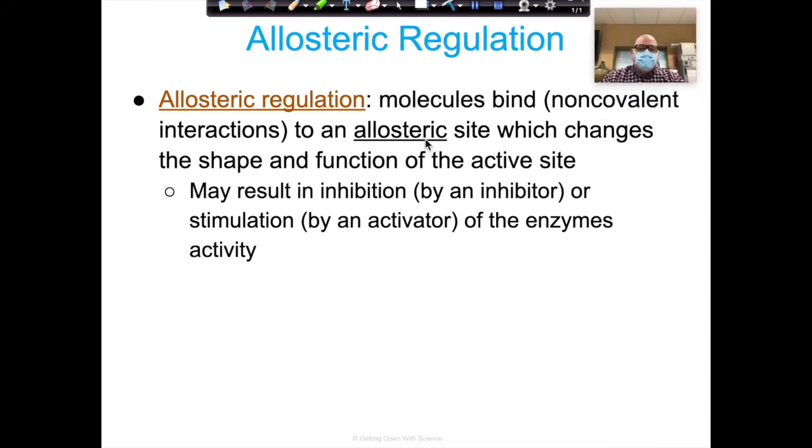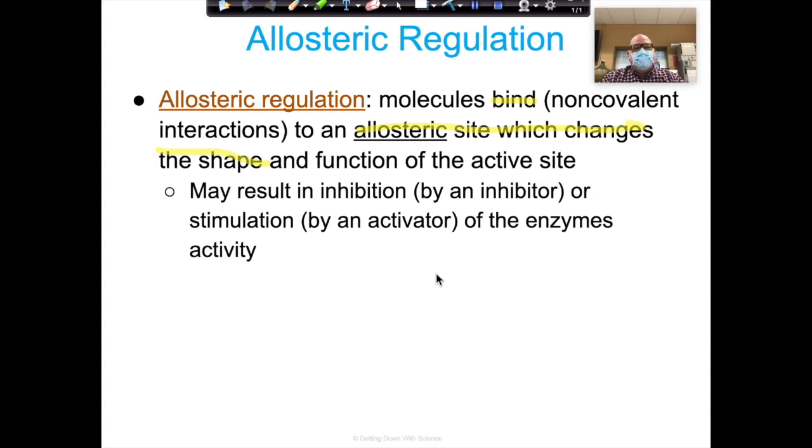So we have molecules that bind to these allosteric sites. Okay, so we have molecules that bind to the allosteric site, and that changes the shape. And when you change the shape, function automatically goes with it. This can happen in two ways.